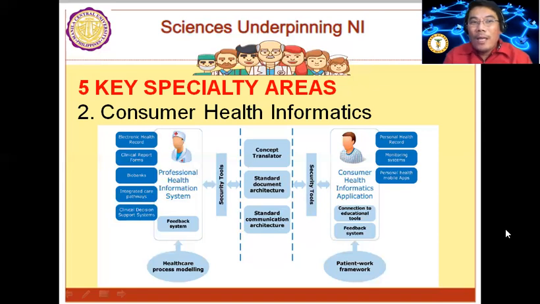Number one, electronic health records are the centralized medical patient records that are processed by the institution. The clinical report forms are the ones that cover the physical examination findings, diagnostic results, previous history, and patient history.